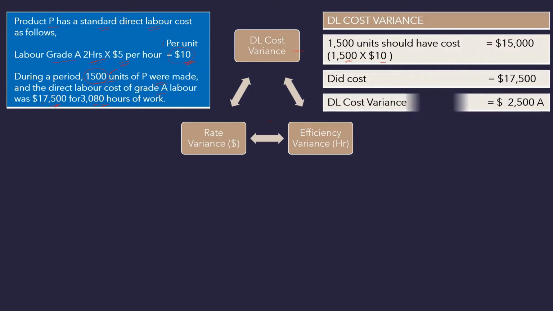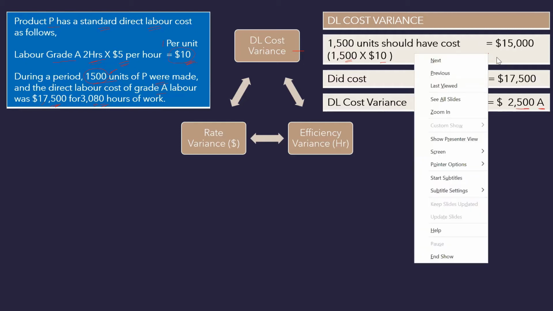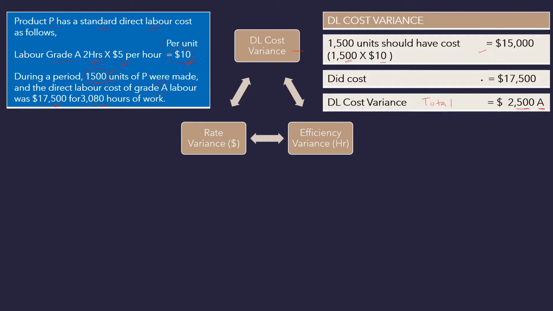So therefore, what is the cost variance or the total variance? This is the total variance, 2,500, and it's an adverse variance. Why? Your plan was to incur 15,000, but you actually incurred 17,500. Now this 2,500 total variance consists of rate variance and efficiency variance.